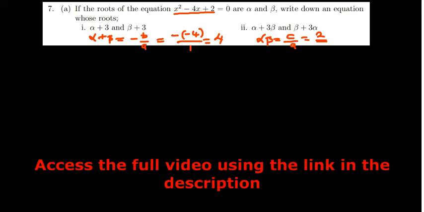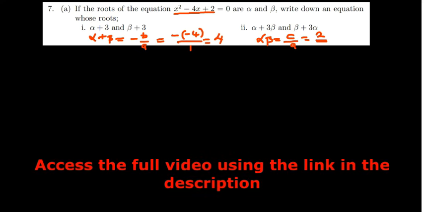So negative b over a will still be a 4. And then alpha multiplied by beta is equal to c over a. So our c in that case is 2, our a is still 1, so we've got 4 and 2 respectively.